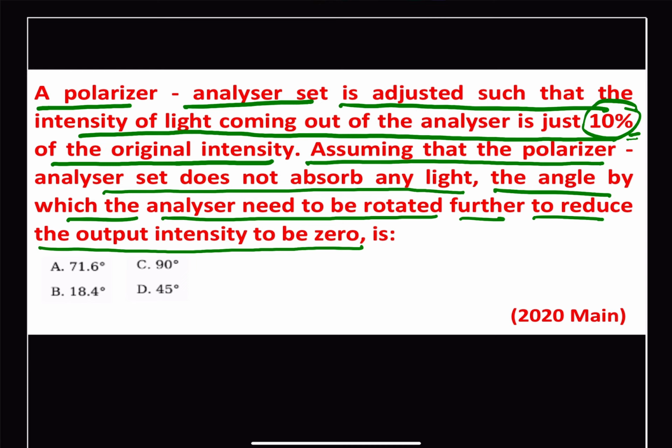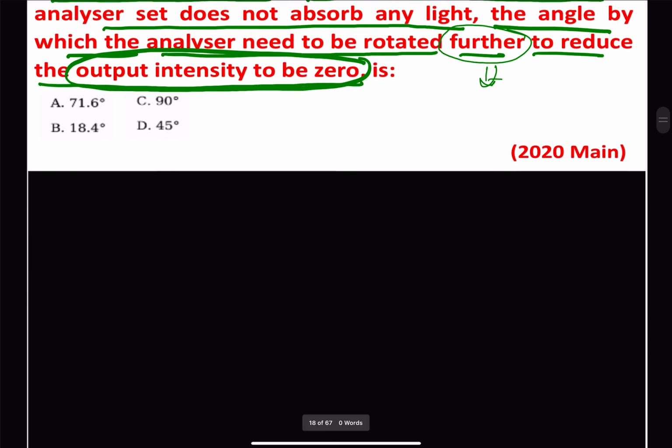In the second case, we need this output intensity to be equal to 0. So the analyzer needs to be rotated further, and we need to find out this further rotation of the analyzer. So this is the basic premise of the question.